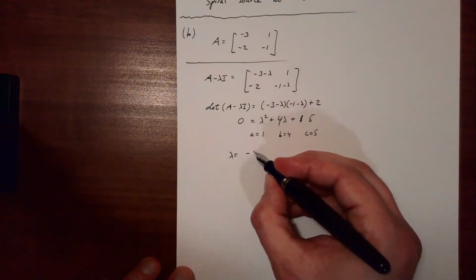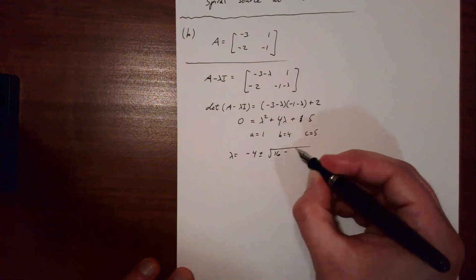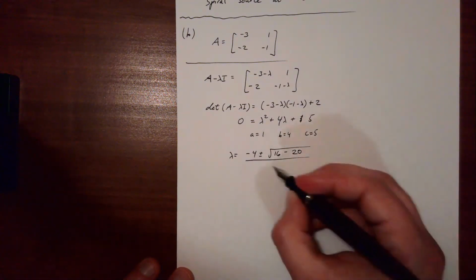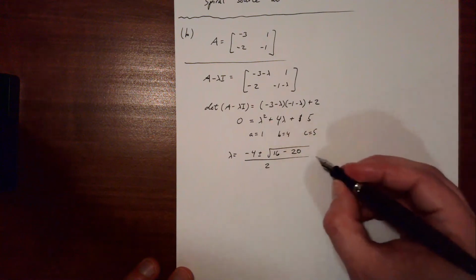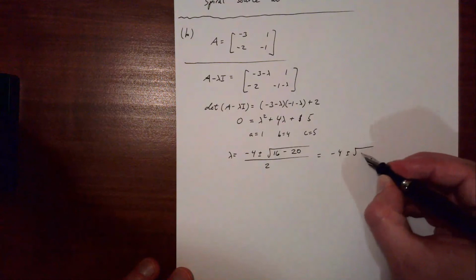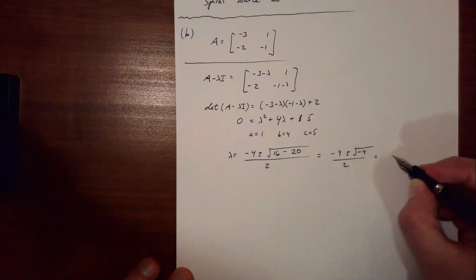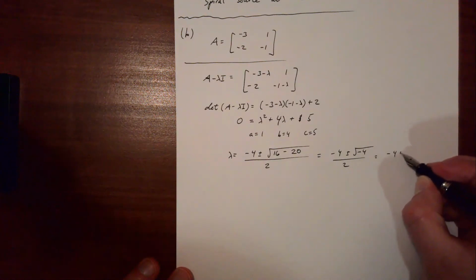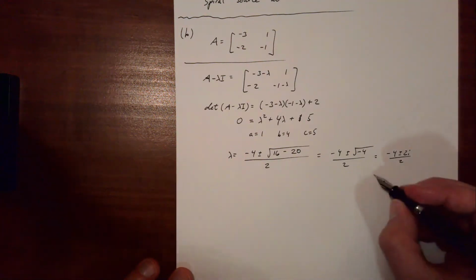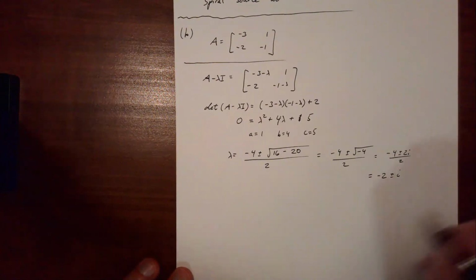So then it's going to be -4 plus minus square root of 16 minus 4ac, divided by 2a. It's going to be negative 4 plus or minus the square root of negative 4 over 2, which is going to be negative 4 plus or minus 2i over 2, which is then just going to be negative 2 plus or minus i.